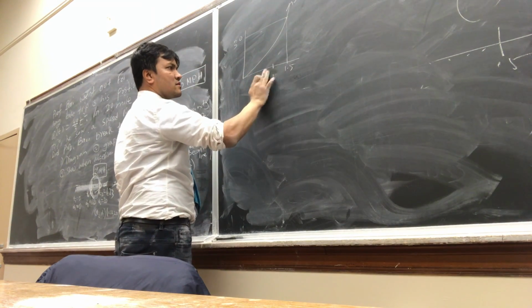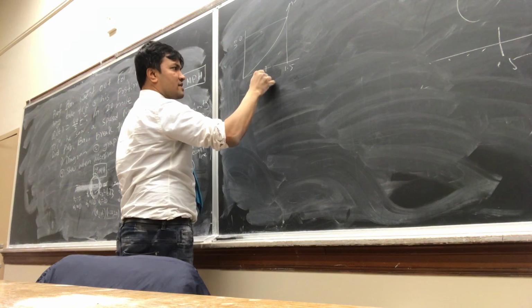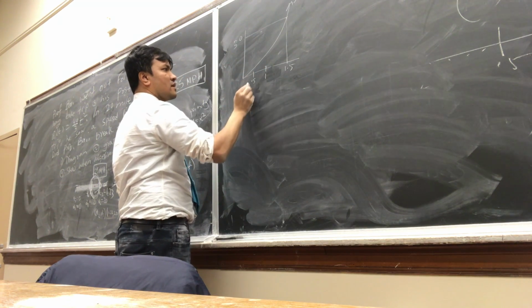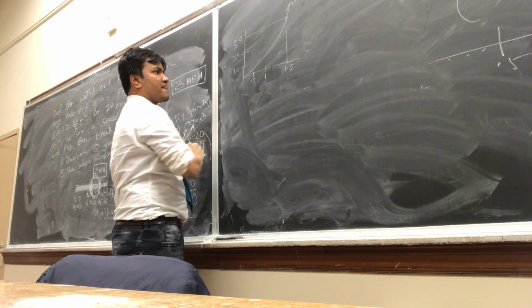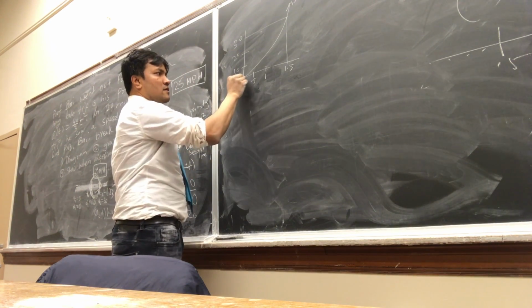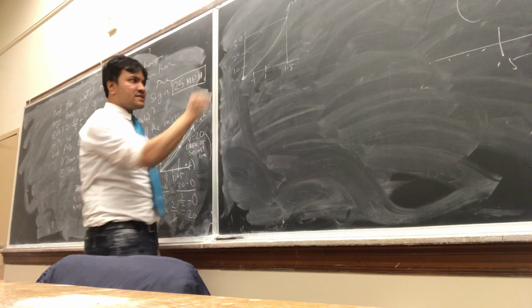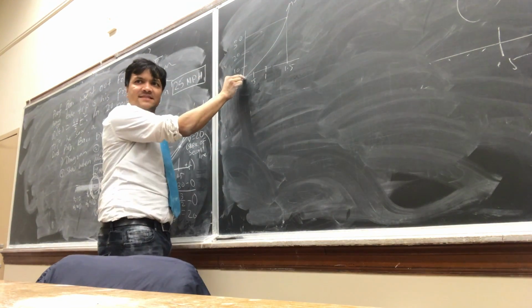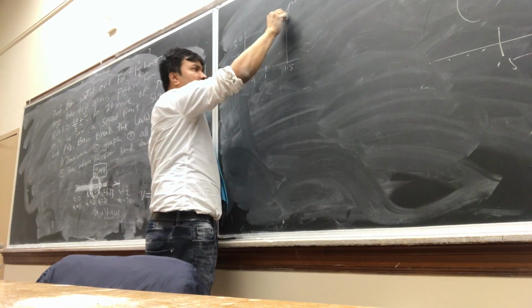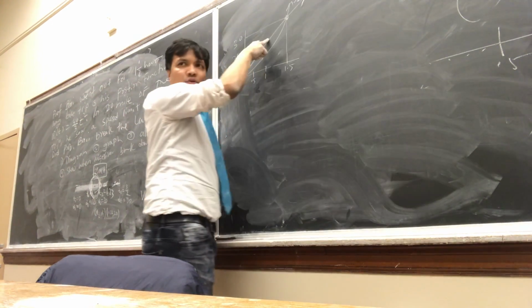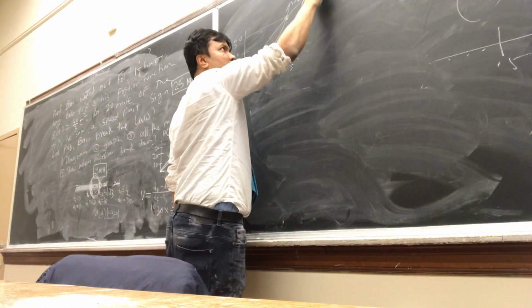This one was 0.5. So this one was 10. This one was 20. Now the first one is 0, 0, and this one is 1.5, 30. And we found the velocity of that one.